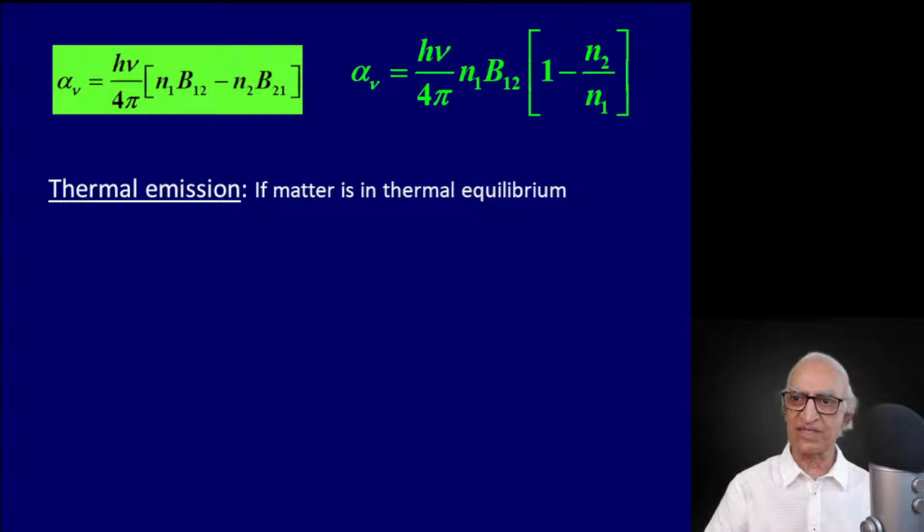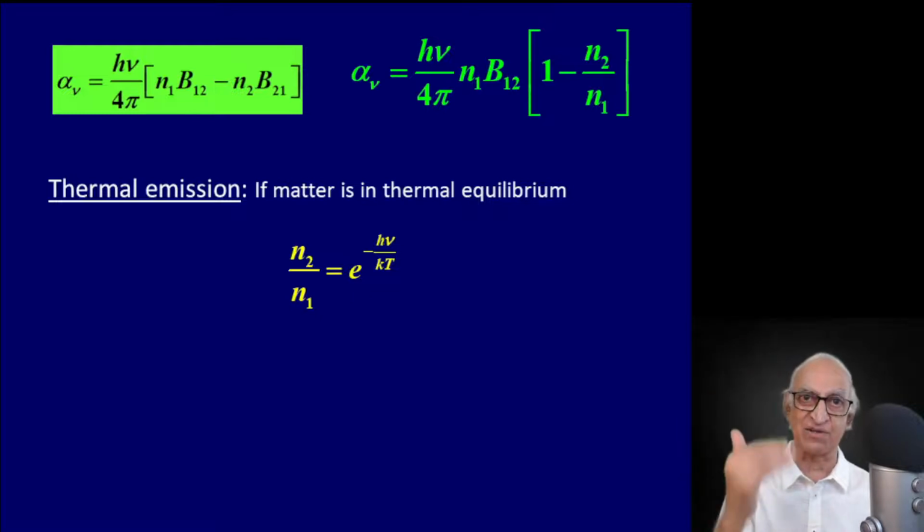Now, when matter is in thermal equilibrium, you know from Boltzmann statistics, the ratio of the population in the upper level to the lower level is given by e to the power minus the energy level difference, which is e to the power minus h nu over kT. At any finite temperature, this quantity on the right-hand side is less than 1. Therefore, the number in the lower state is always larger than the number in the upper state.